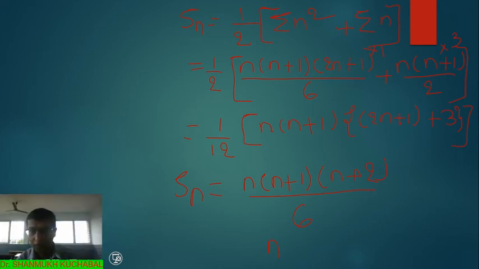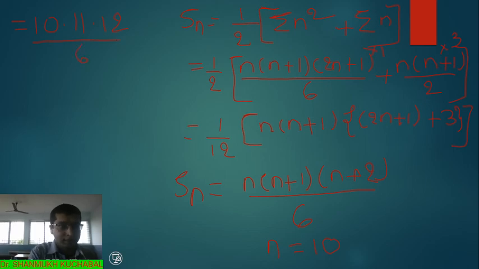So we get 10 into 10 plus 1, which is 11, into 10 plus 2, which is 12, divided by 6.